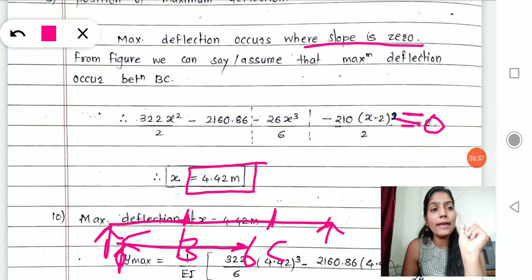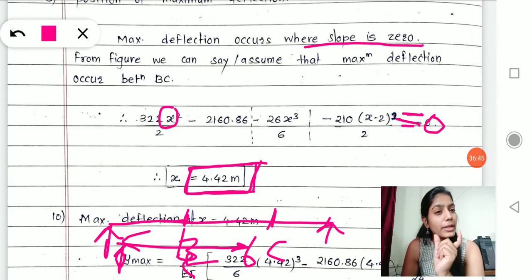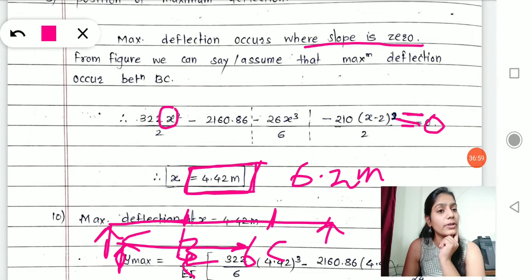Then I found x distance equals 4.5 meter, which is falling before 6 meter, which is falling in my range. And if it is falling in my range, what will be the assumption? My assumption is right. If it falls beyond, let's suppose it gives us a distance of 6.2 meter, then my assumption is wrong.